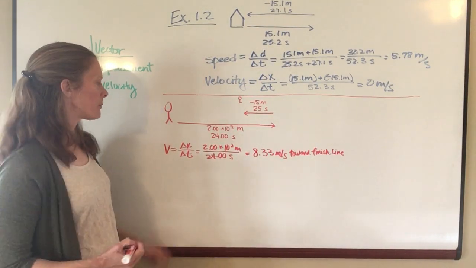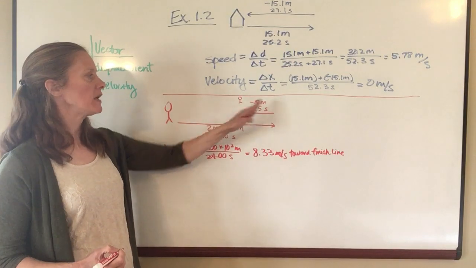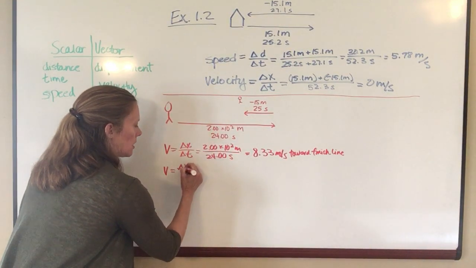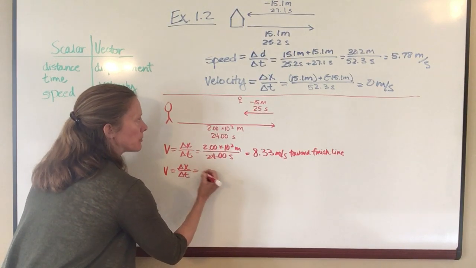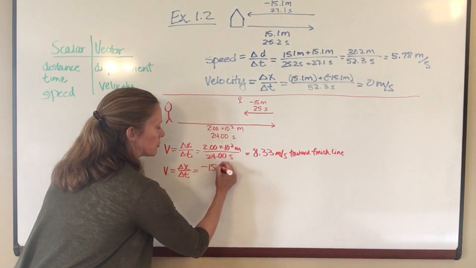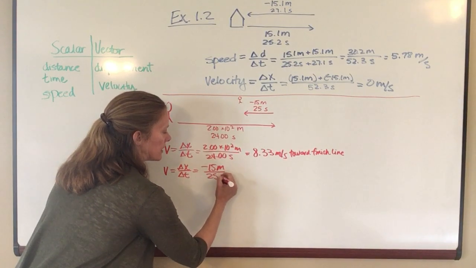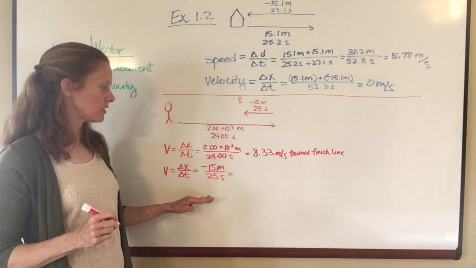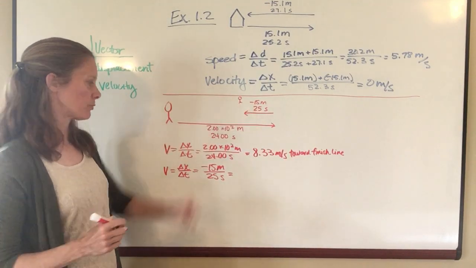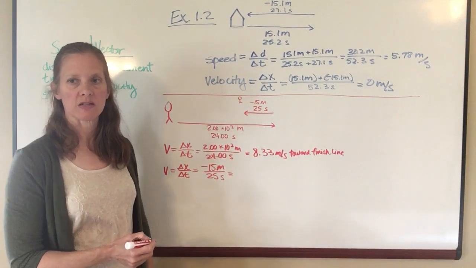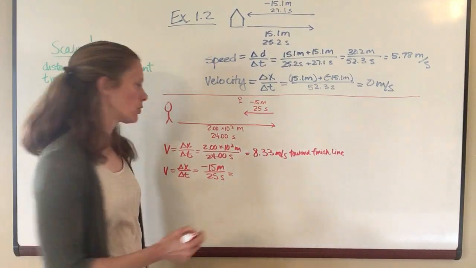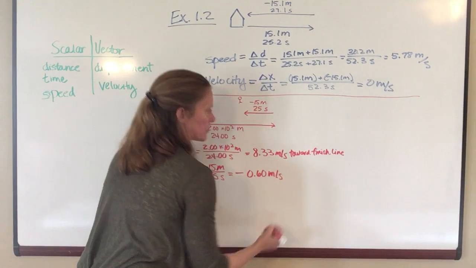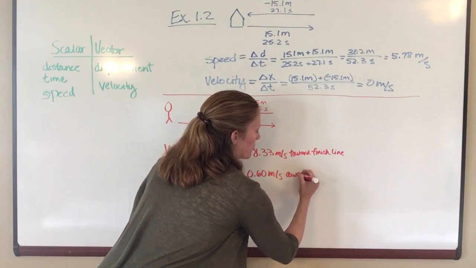The second part of the problem asks for his velocity when he goes back to talk to his coach. So for that portion, delta x over delta t, I'm going to have a negative 15 meters over 25 seconds. Okay, remember velocity has everything to do with direction, so that's why this number needs to be negative. So when I divide that, I'm going to end up with a negative 0.60 meters per second away from the finish line.